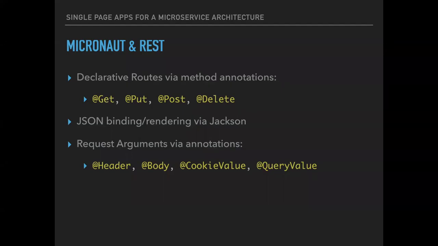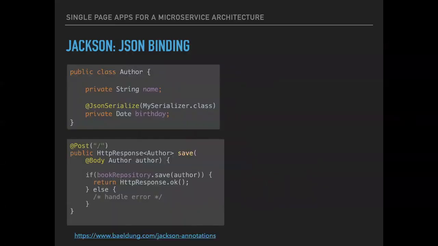You can probably guess what they do. Of course, @Header is going to either set or retrieve a header value. @Body is going to do the same for an object that you want to instantiate from the body of the request, and so on and so forth for cookies, and then for query parameters. We'll see some of these in action in the demo, so I'm not going to keep going into detail there.